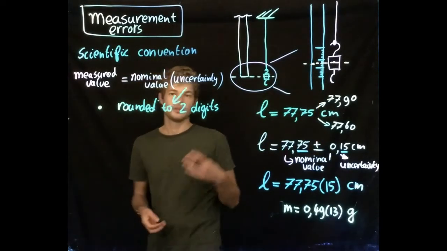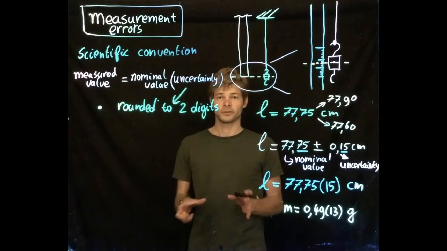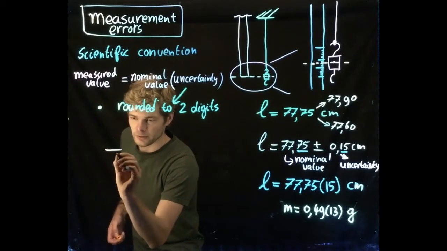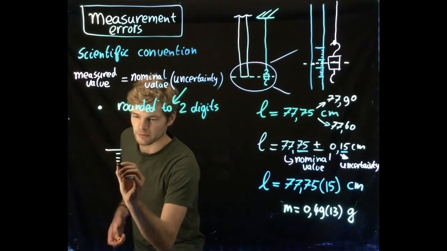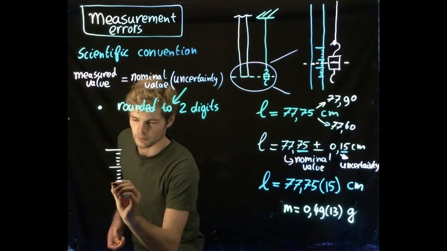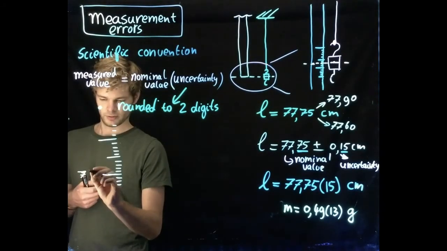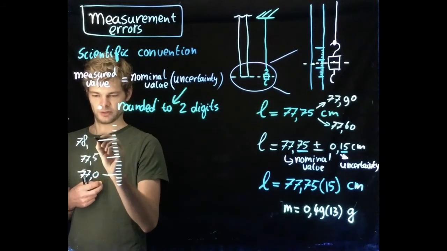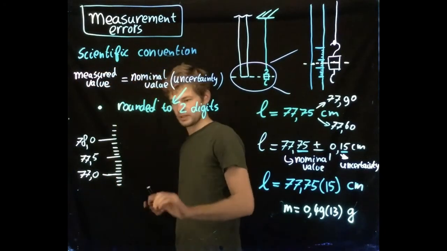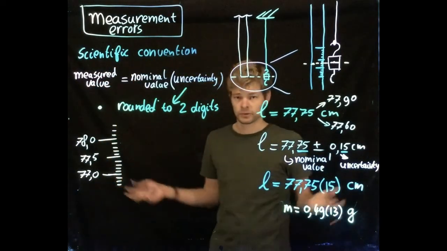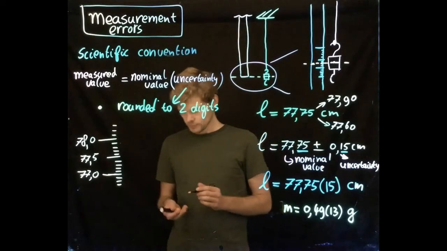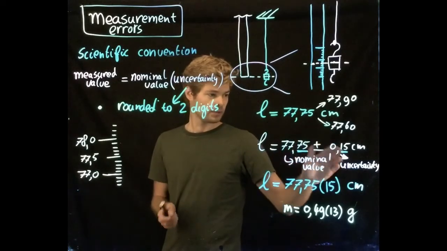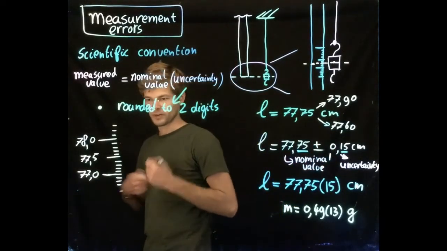In order to represent measured values and their uncertainty graphically, you can, for instance, display values along the y-axis of a graph. So here I've got the y-axis of some graph, and I want to display this value, 77.75 plus or minus 1.5 millimeters.